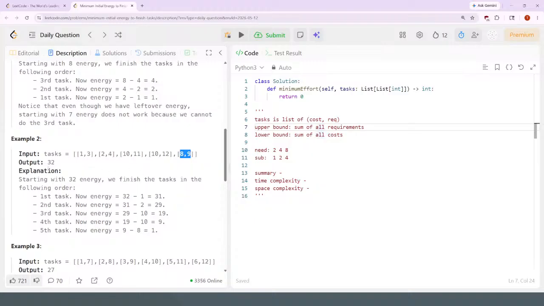But if you start with 32 energy, you could not actually do 8, 9 first, or anything besides 8, 9 being last doesn't work. Because if you do 8, 9 and it's not last, then I think somehow your gap between your required energy and the actual energy is not big enough.